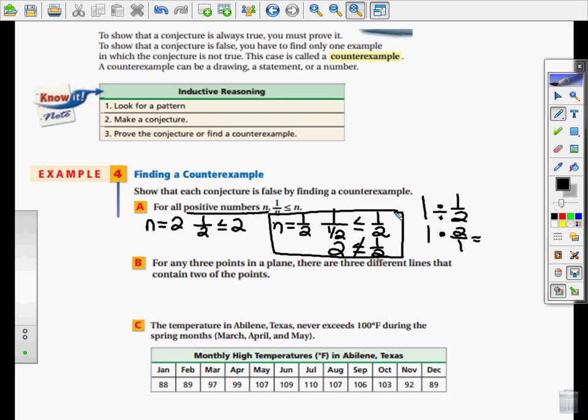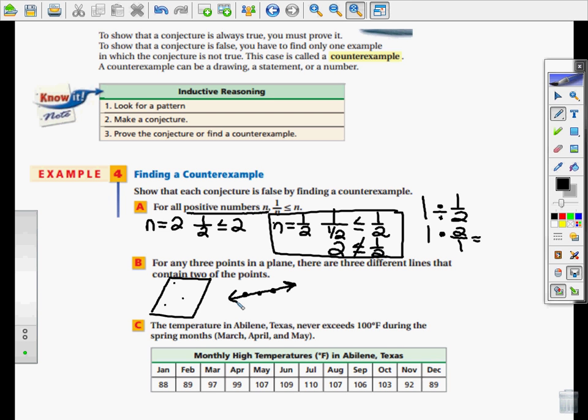All right, let's look at letter B. For any 3 points in a plane, there are 3 different lines that contain 2 of the points. Okay, now in a plane, remember, points can be anywhere. They don't have to be collinear, but they could be collinear. All 3 points could be in the same plane, on the same line, and they don't form 3 different lines.